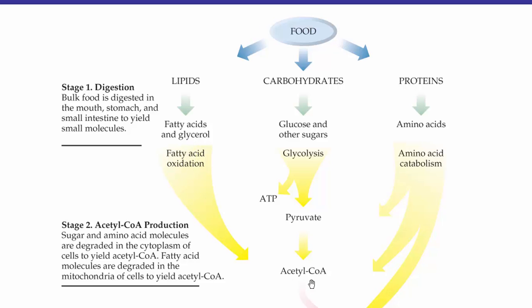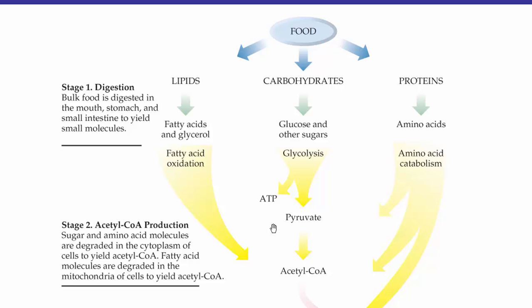You see this will end up as a molecule called acetyl-CoA, as well as amino acid catabolism. Carbohydrate through glucose is converted to pyruvate, as we studied before, and then to acetyl-CoA.